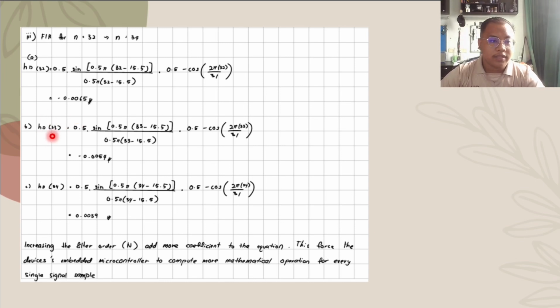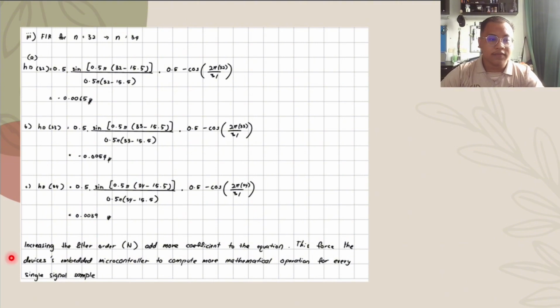For hd(33), I get negative 0.0054. And for hd(34), I get a positive 0.0039.